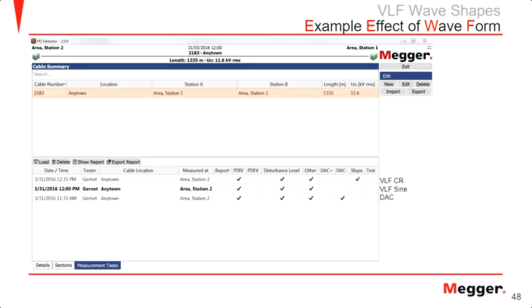Now, this is just showing at different waveforms how does partial discharge happen, or what can we see in terms of different waveforms. So in this specific case study, we did three different waveforms. We have VLF sine, VLF cosine rectangular, and damped AC. So we'll see all of those three waveforms and how partial discharge happens on them. This is an 11.6 kV RMS cable.